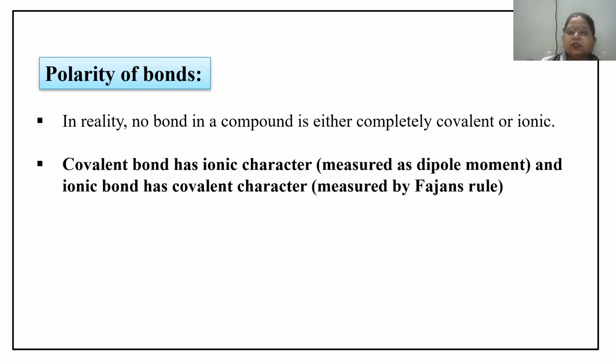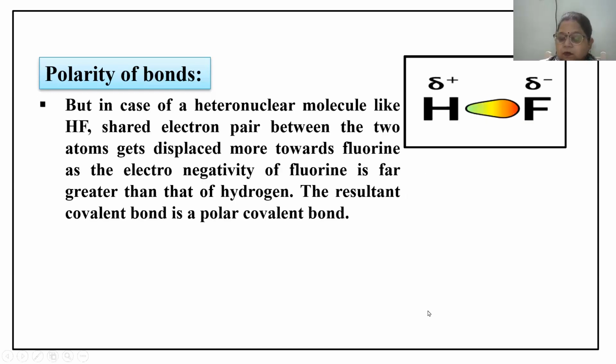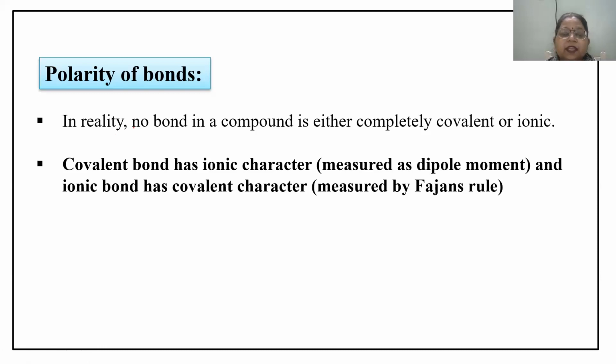You say that in sodium chloride there exists an ionic bond between sodium ion and chloride ion, that sodium chloride is an ionic compound, right? But the reality is that every covalent bond has an ionic character, a certain part of it.